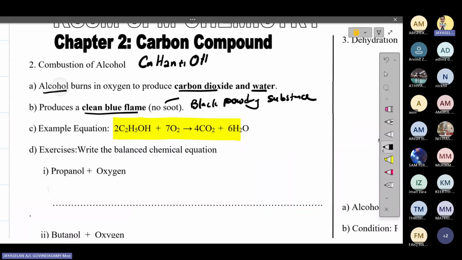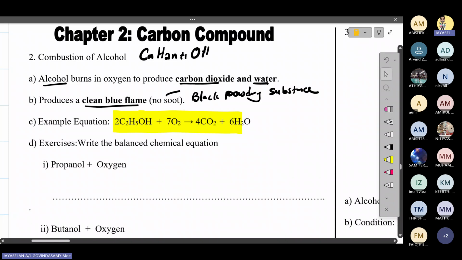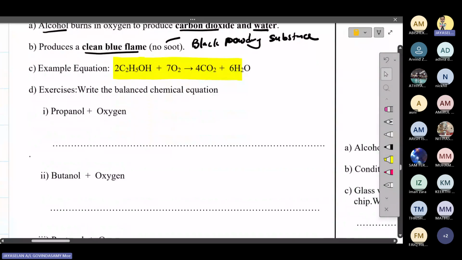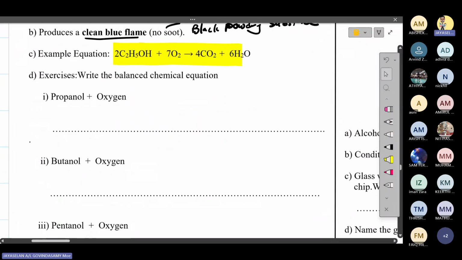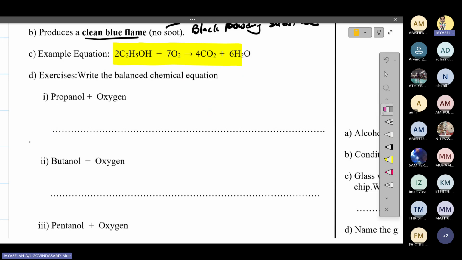So alcohol is a very clean fuel. Now we try propanol. I give you 1 minute to do propanol and butanol. We do only these two, the others you do as homework.